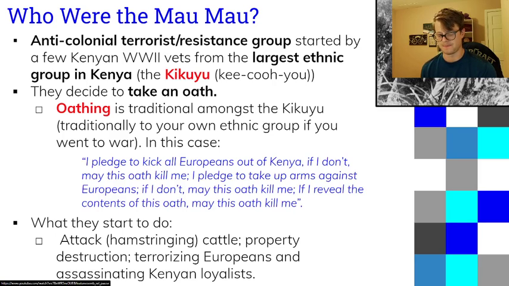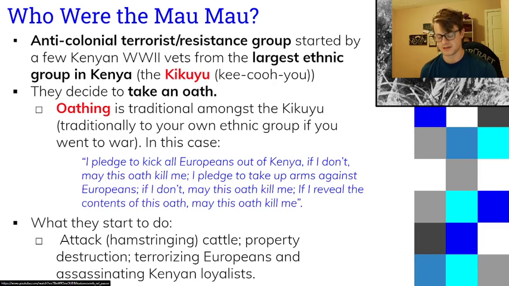And the thing you need to know about the Mau Mau and the Kikuyu is the Kikuyu have a long tradition, going back hundreds of years, of something called oathing. Typically this would be done if your tribe was going off to war. You would swear an oath to your own ethnic group before you went into battle.